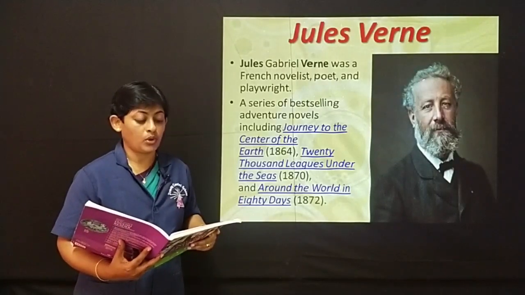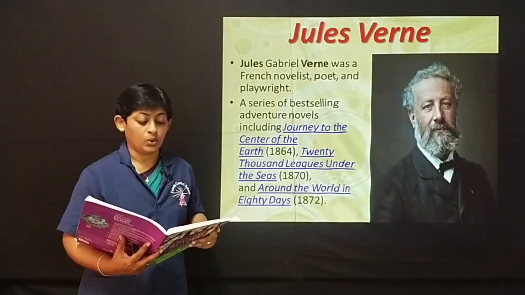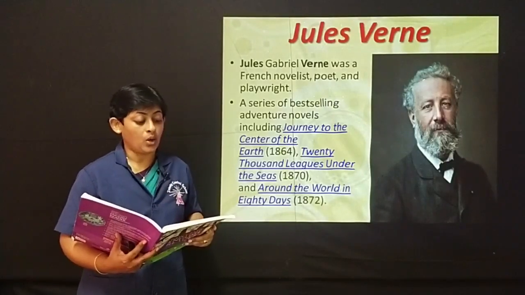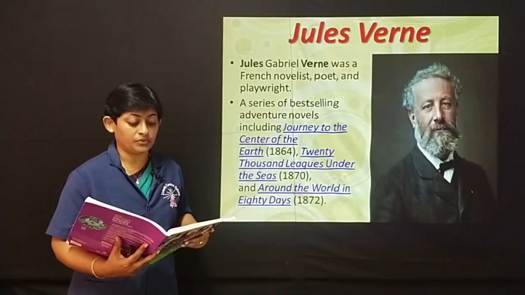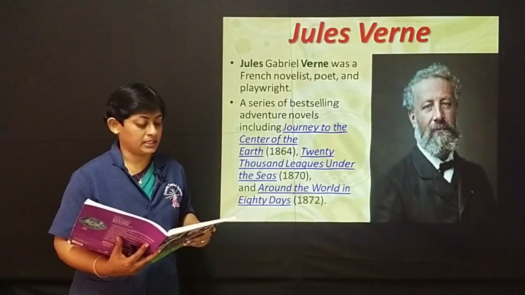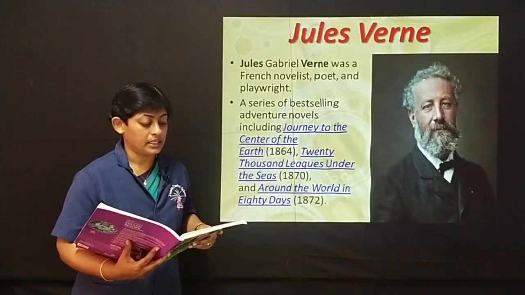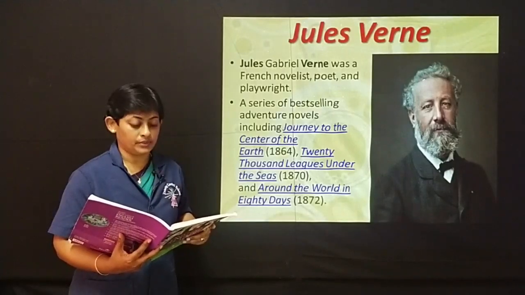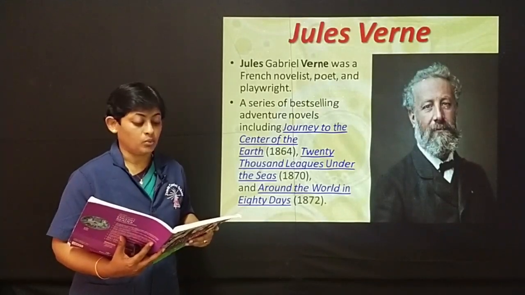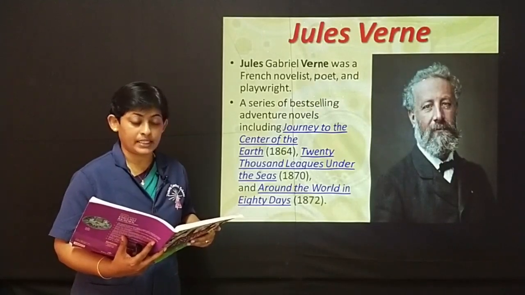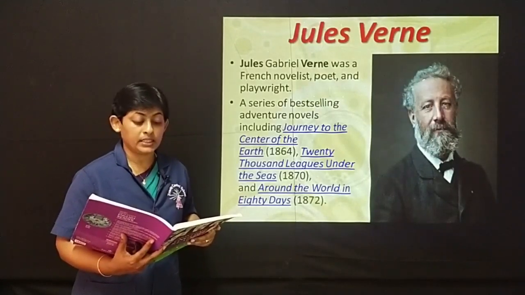Professor Lidenbrock discovers a coded message inside a book which explains how one can reach the center of the earth. He takes his young nephew Axel and a guide, Hans, along with him on the dangerous adventure. They reach a volcano and must now go down its crater. How will they do it?